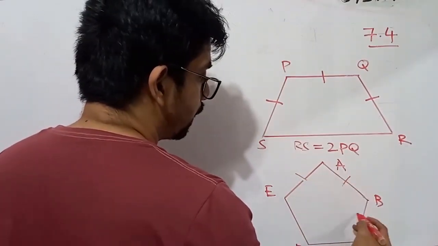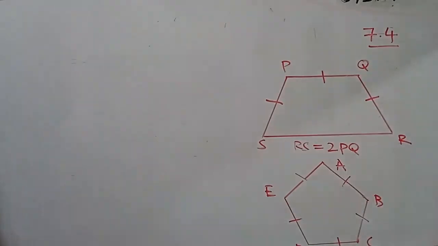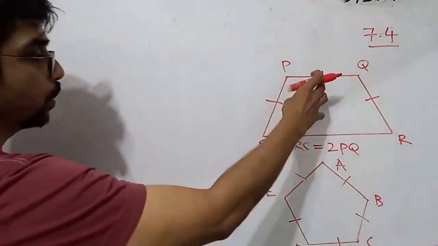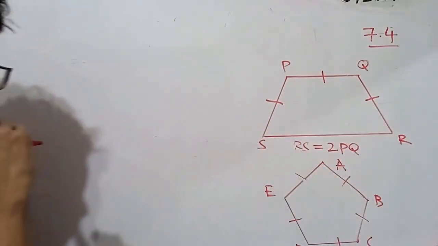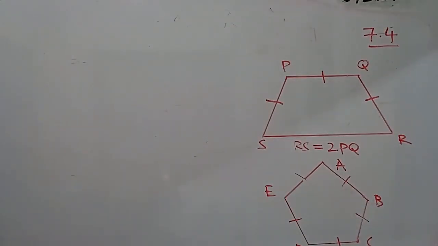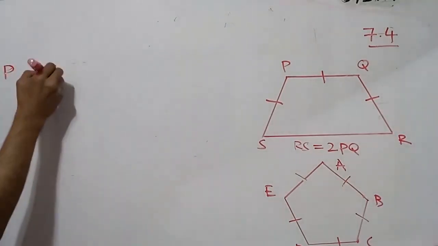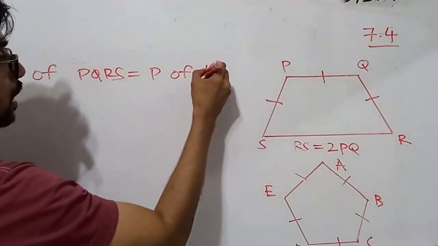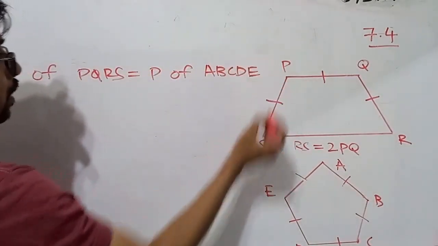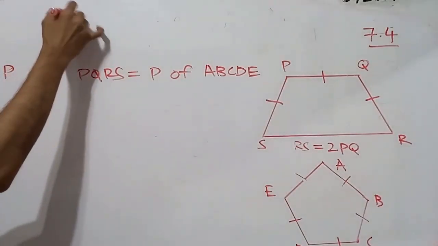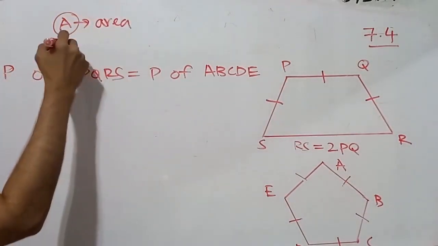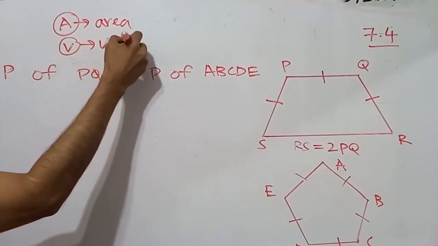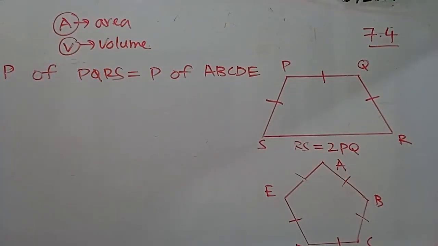I'm going to put capital P for perimeter. So perimeter of PQRS is equal to perimeter of ABCDE. Capital A is for area, capital B is for volume. So find the relationship between PQ and AB.